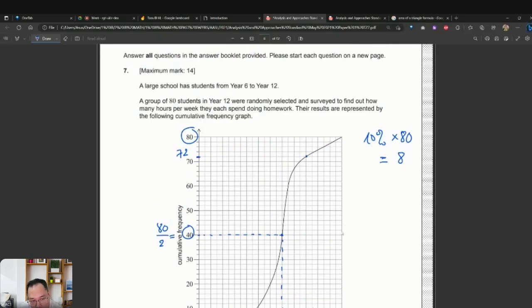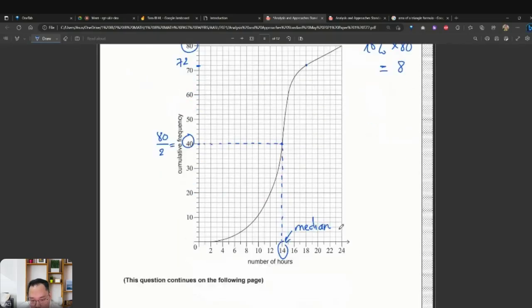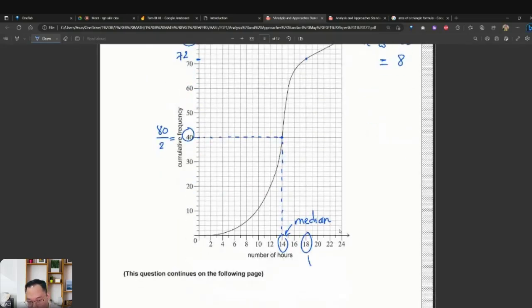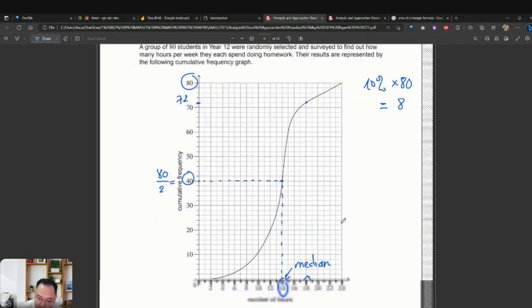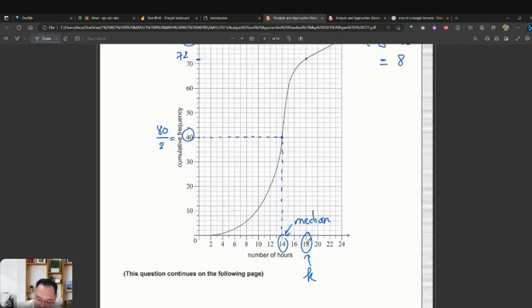So according to this graph, the number 72 here is the point associated with the time 18 hours. So this is K. Meaning there are 8 students, numbered from 73 to 80, spending more than 18 hours per week doing the homework.